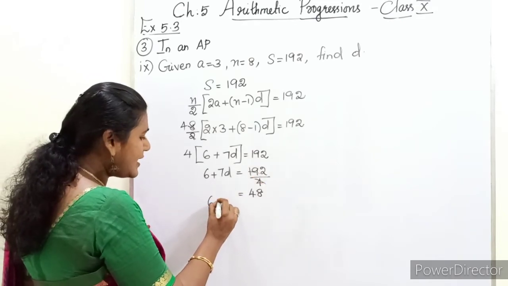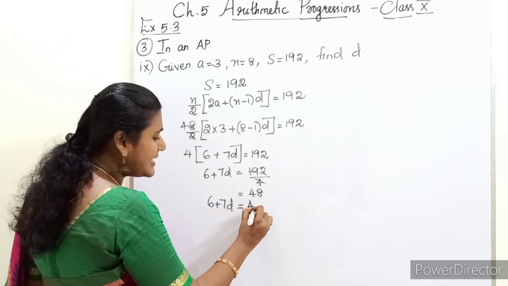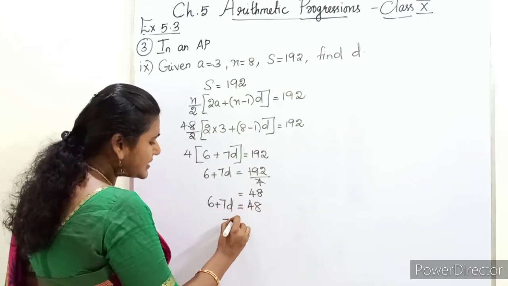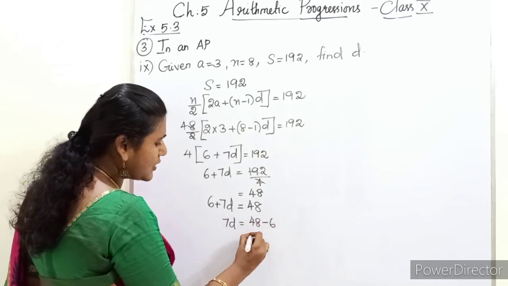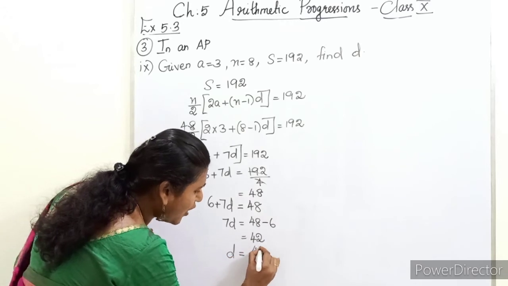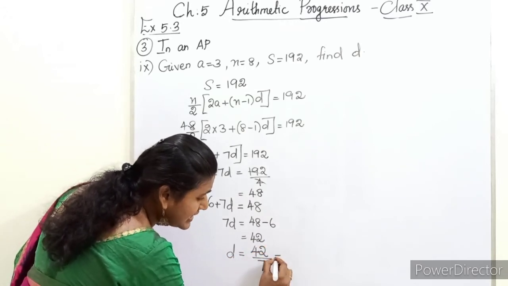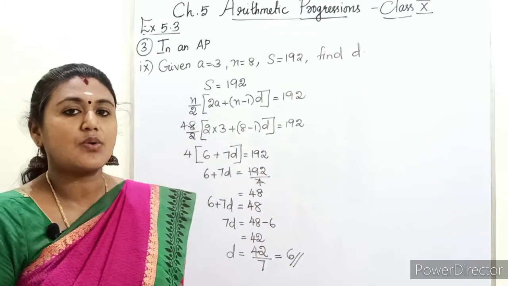So we got 6 plus 7d is equal to 48. So 7d is equal to 48 minus 6, that is equal to 42. So the value of d is equal to 42 by 7, which is equal to 6. So we got value of d is equal to 6.